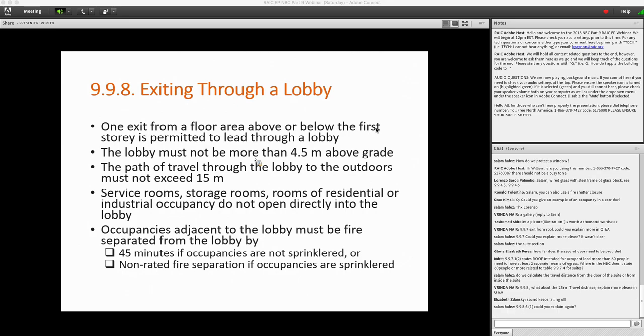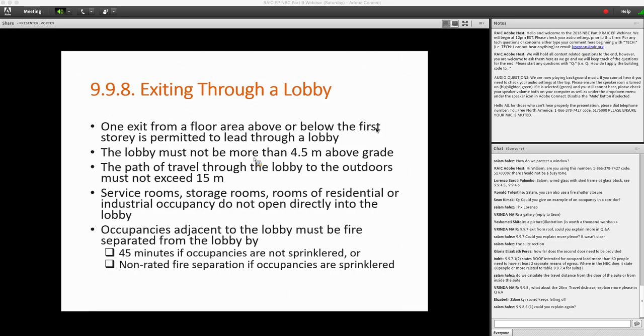So if you have a sprinklered building and you have a discharge from a stair into a lobby on the ground floor level, for instance, the occupancies adjacent to the lobby are required to be non-rated, but it still has to be a fire separation. The whole idea is that you are leaving an exit, which is the safest area in the building, onto a common area, which is the lobby.